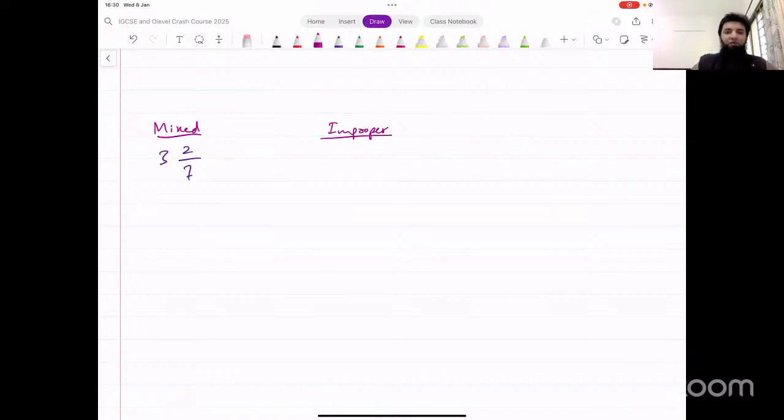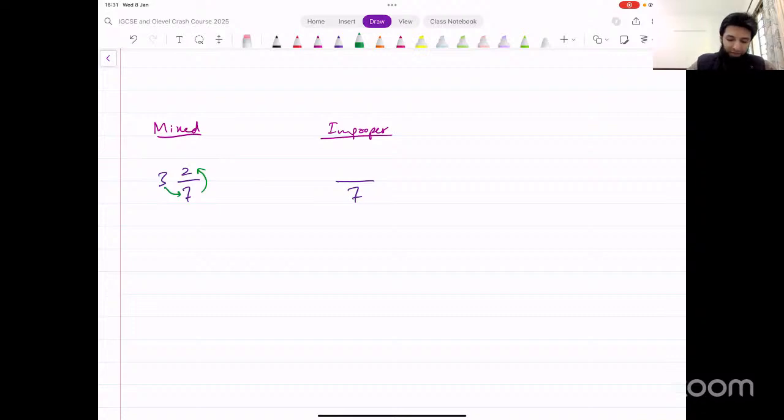This is what we do. We multiply these two numbers, 3 times 7, and then add the numerator. The denominator is going to remain the same. That is not going to change, as it does not change the other way around either.